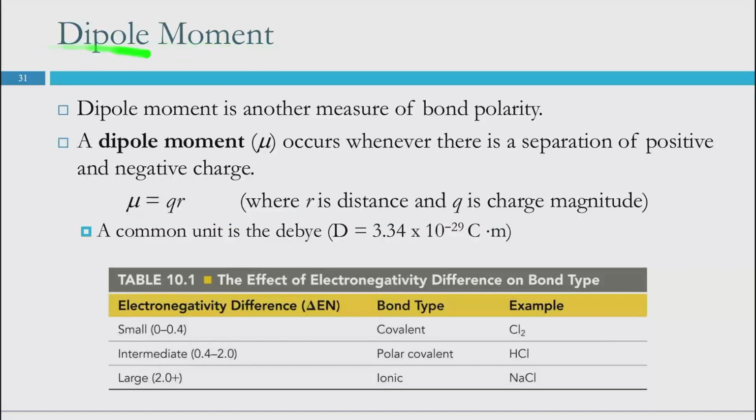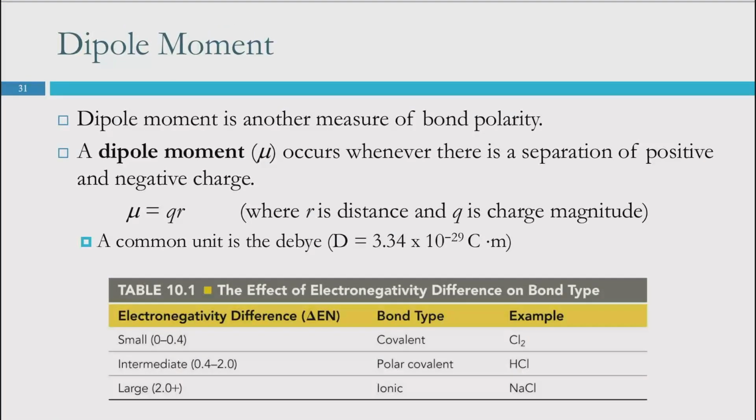The dipole moment is another way that we can measure bond polarity. Dipole moment, which has the Greek letter mu, like the sound a kitten makes, occurs whenever there's a separation of positive and negative charge. Dipole moment is measured as the charge times the distance, and a common unit for that is the debye, which gets the symbol D. This C here is our charge, the coulomb.